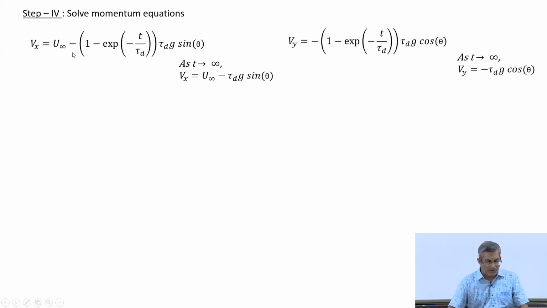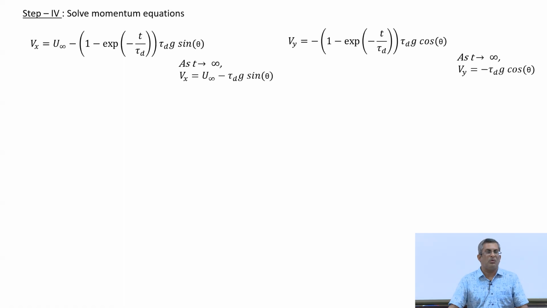In this case, for example, we get this expression. If we put this condition that t tends to infinity, then we see that the axial component of velocity basically boils down to this expression.